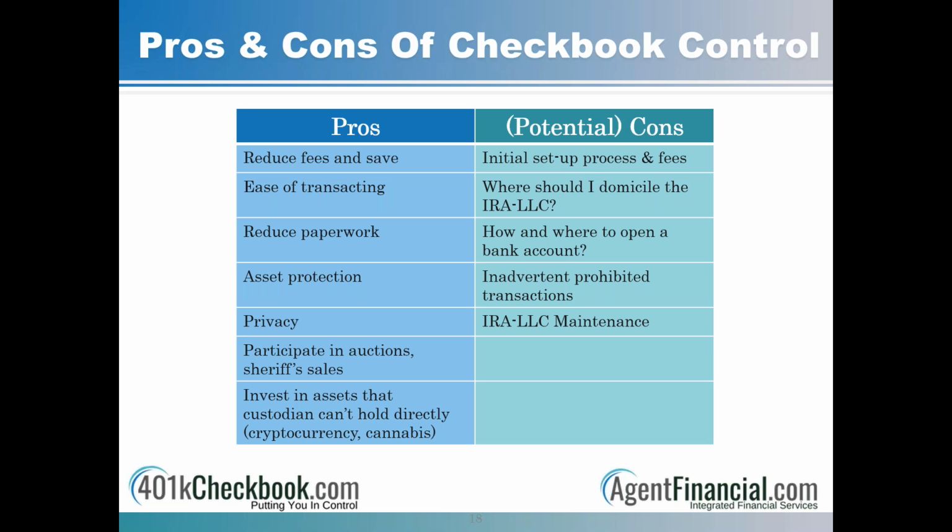No more paperwork, and of course you don't need custodian countersigning. You don't need to make sure every one of those T's are crossed and I's are dotted on the custodian paperwork. You will have enhanced asset protection. People don't think about asset protection too much when they think of IRAs, but they certainly should. Yes, it's true. What happens is we're using our IRA framework that's been developed in the mutual fund space and applying that to the real estate space.